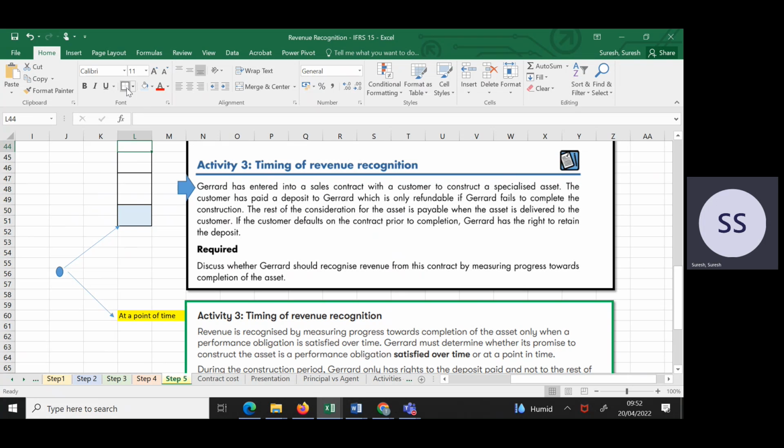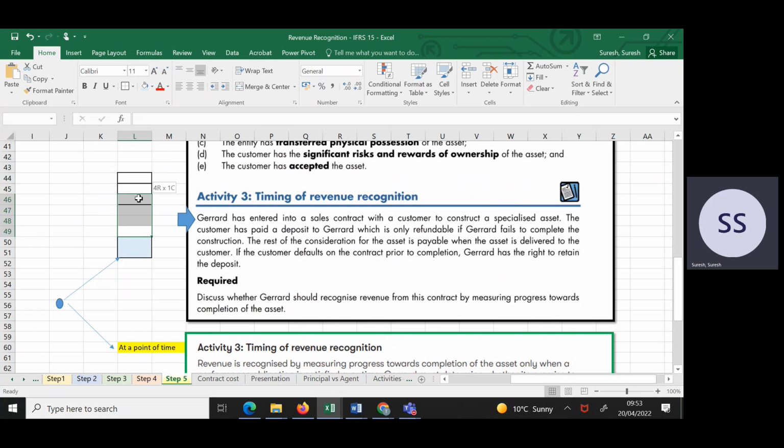Let's say it's 4-story, that's much easier to explain. The promise was to complete the whole 4-story building for you, but I have given you control. When I completed the first 25%, you had already walked into the building and were occupying it, while I was doing more work of enhancing and completing the rest of the work.